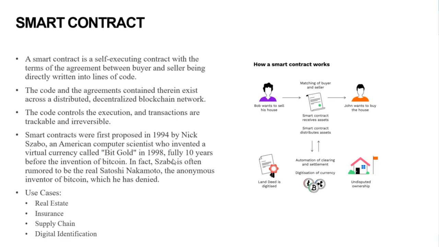The use cases of smart contracts at the moment are in anything that has to do with contracts, like real estate, buying a house or apartment. Insurance, supply chain, and digital identification also use smart contracts. Basically, when you meet the conditions of the seller as a buyer, since it's a piece of code, everything is automated.